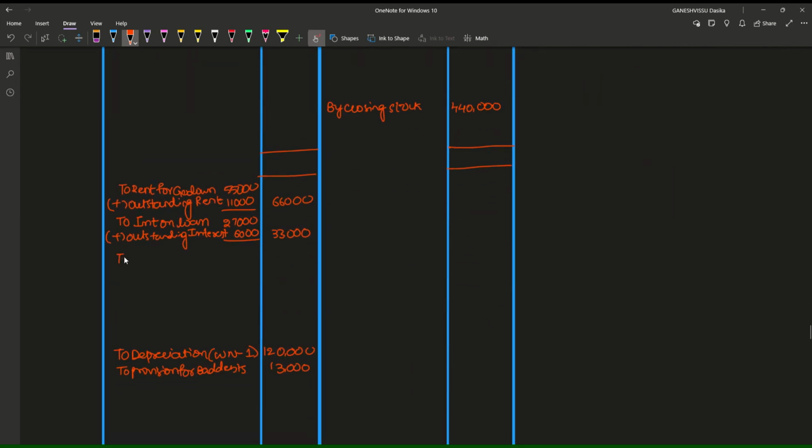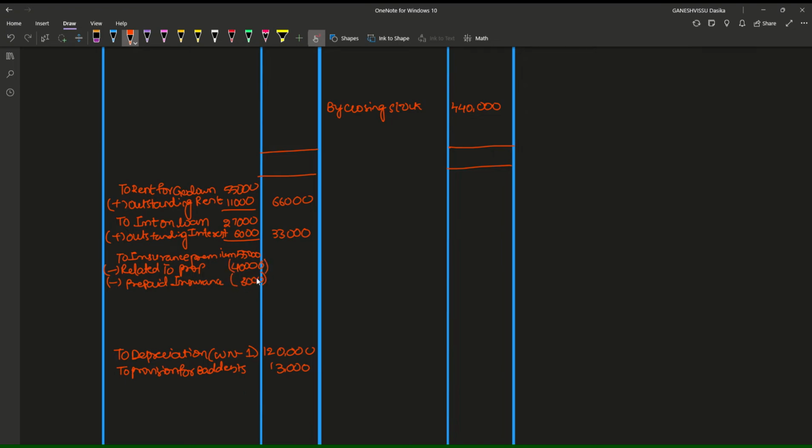Here we can say to insurance premium, so we have 55,000 balance and minus 40,000 related to proprietor, which we need to deduct, and minus prepaid insurance, which is 3,000 rupees.